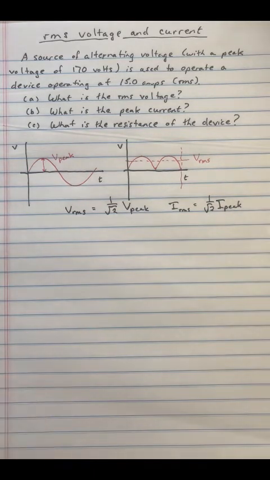Now, also, by the way, and hopefully you've caught this already, when I talk about peak, whether it's a peak voltage or a peak current, another name for that is amplitude. So when you did waves and vibrations way back in mechanics, long ago at this point, you talked about the amplitude of a vibration or the amplitude of a wave. It's the same idea. This is really a wave phenomenon in a sense.